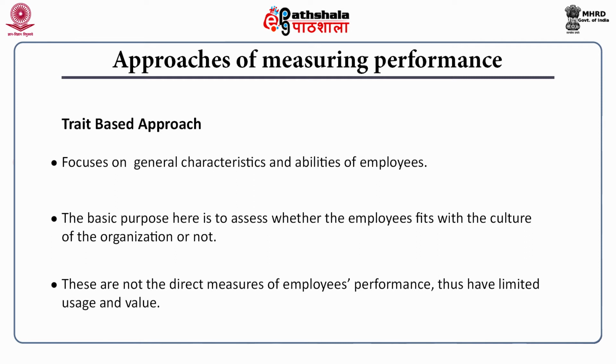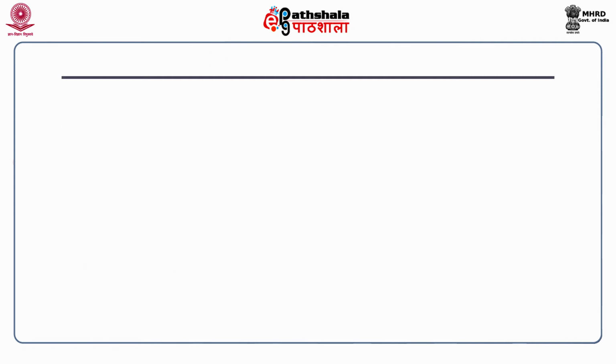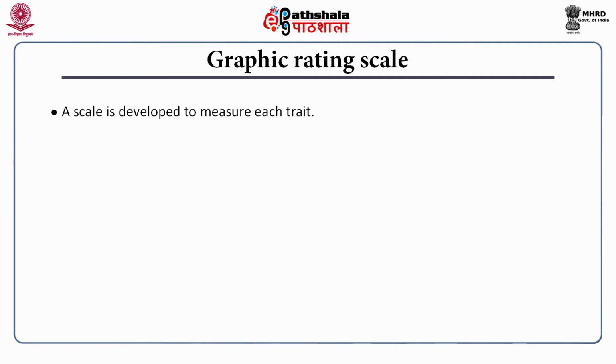There are some scales and tools that measure the traits of employees. Graphic rating scale. This is one of the oldest, simplest and most widely used scales by organizations. In this method, a scale is developed to measure each trait. The scale is usually divided into 5 or 7 points. Each point or category on the scale is given an adjective; for example, on a 5-point scale, 5 will represent outstanding, whereas 1 may represent poor.